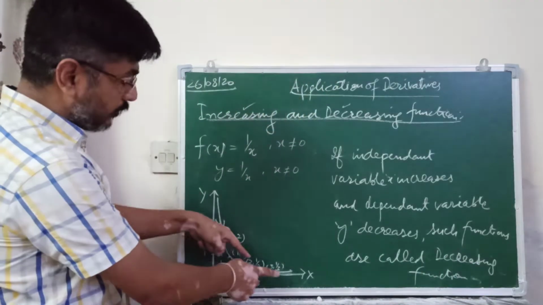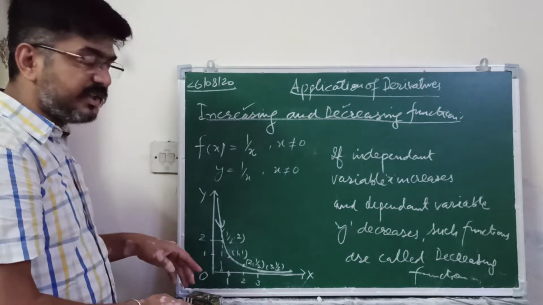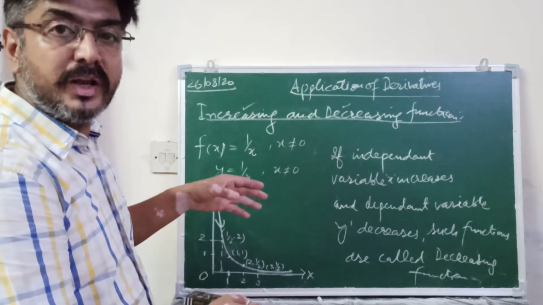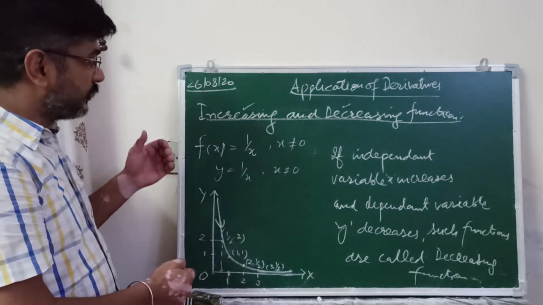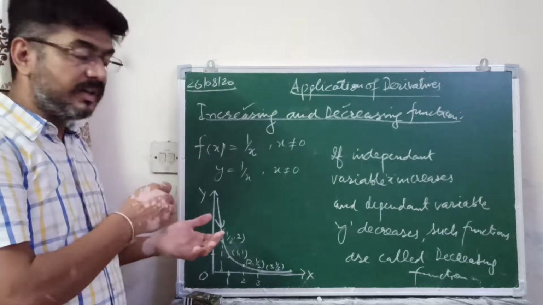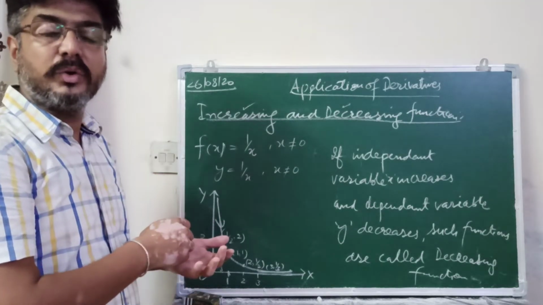Decreasing means they are coming down as x increases, and increasing means they are going upward as x increases. So this is called a decreasing function. These two examples were for your understanding.